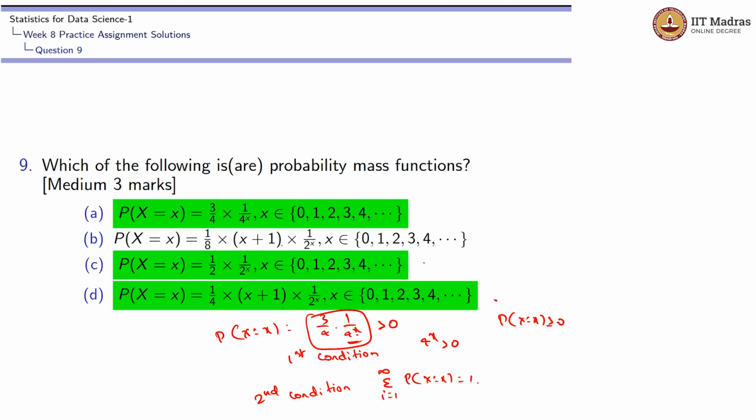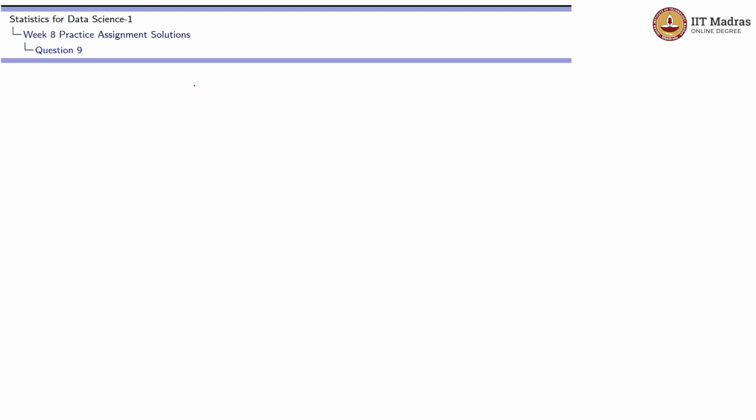The first option is 3 by 4 into 1 by 4 power x, where x belongs to 0, 1, 2, 3 and so on. The sum of the probabilities, sigma of P of x, should be equal to 1.